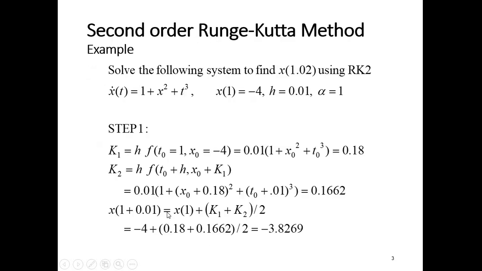So it's x1 plus k1 plus k2, everything over 2. This gives you minus 4, plus 0.18 plus 0.1662, everything over 2, and this gives you the next value as minus 3.8269.